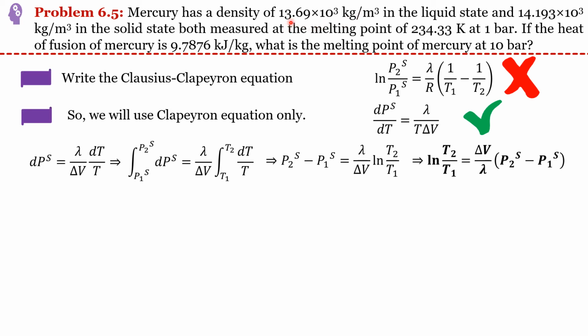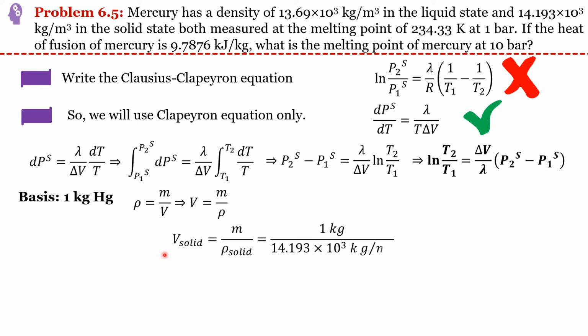So we can assume as a basis that we are starting with 1 kg of mercury. So basis is 1 kg mercury. Then we can use rho equal to mass per unit volume and volume equal to mass per unit rho.